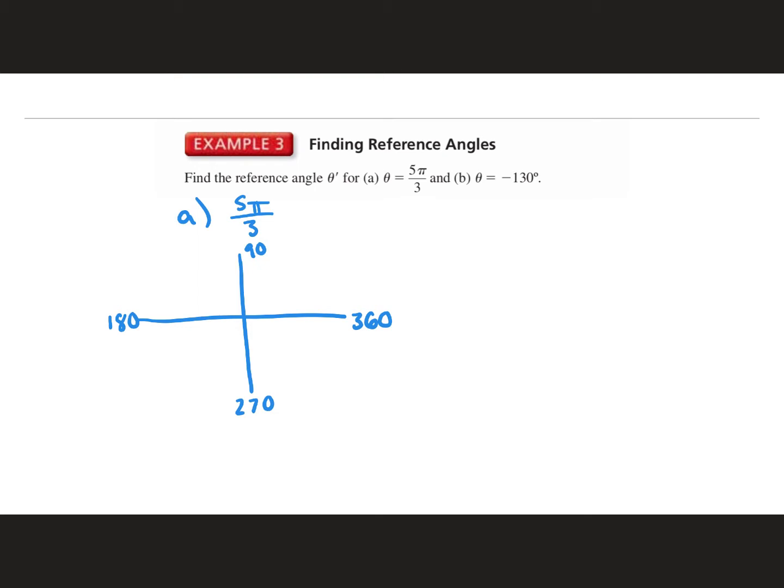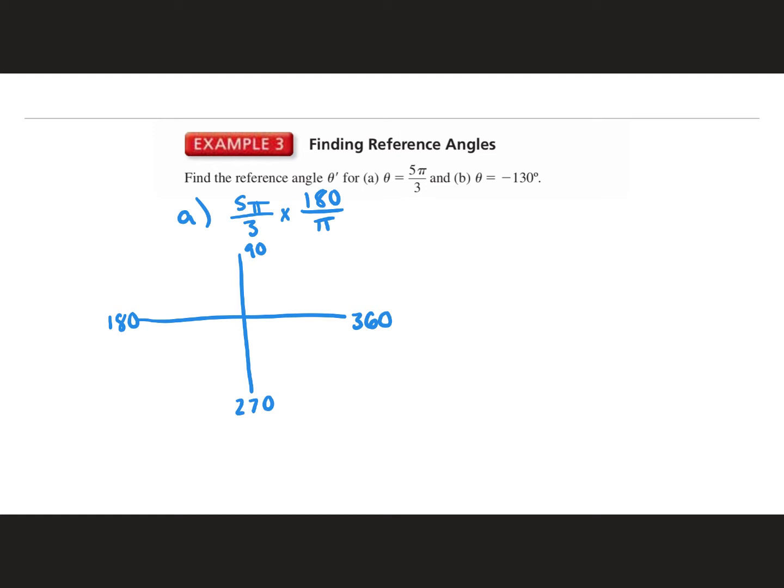So how do we change this to degrees? We multiply it by 180 over pi. Remember, when converting, you're either going to multiply by pi over 180 to go to radians, or 180 over pi to go to degrees.